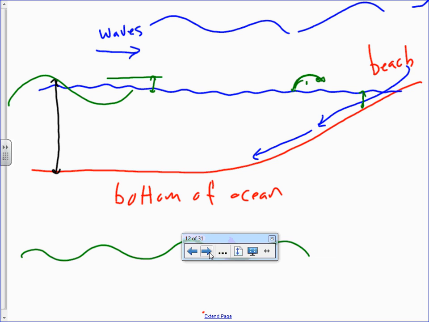So if we were to draw that, you've got a wave that starts way out here, maybe from an earthquake or something like that. And what's going to happen is the wave, it's the same amount of energy. As the wave comes in to shore and there's less room for it, the height of the wave gets bigger.